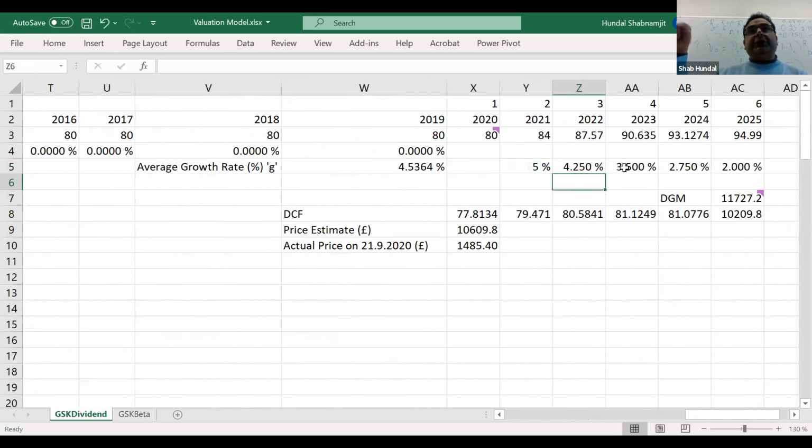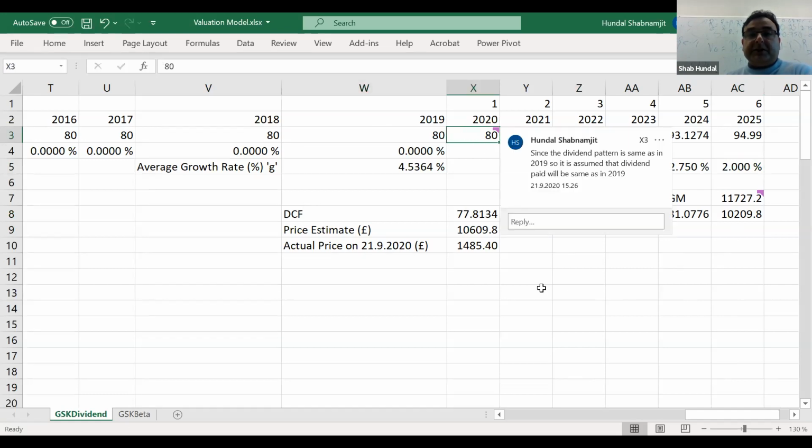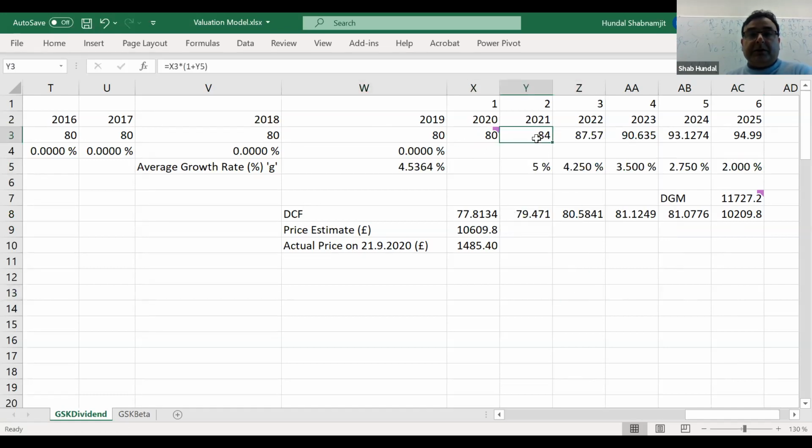I am reducing it by 0.075% every year until I finally get 2%. So this is how we estimate how the growth rate will change. So this is the rate of growth.